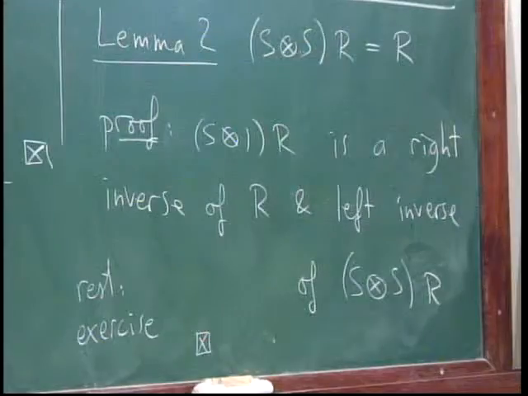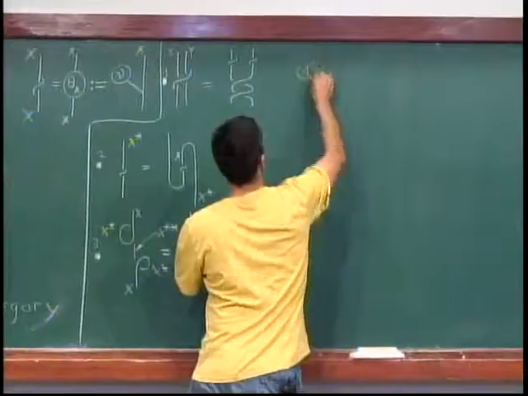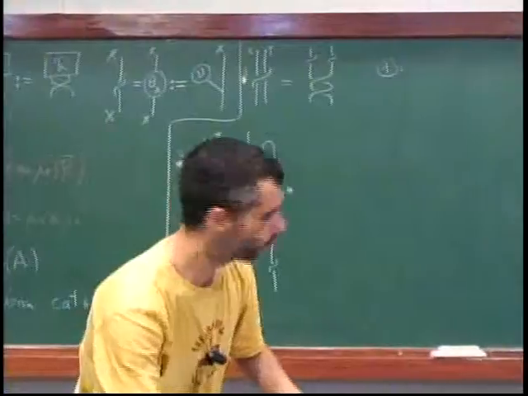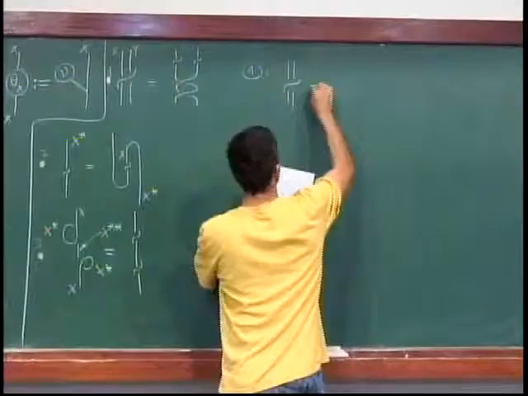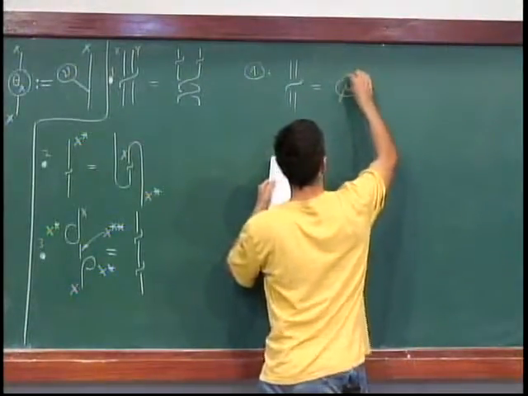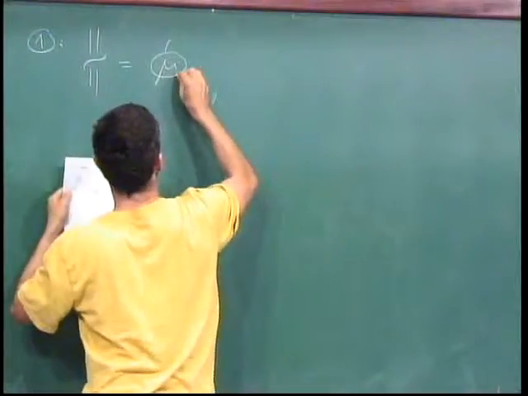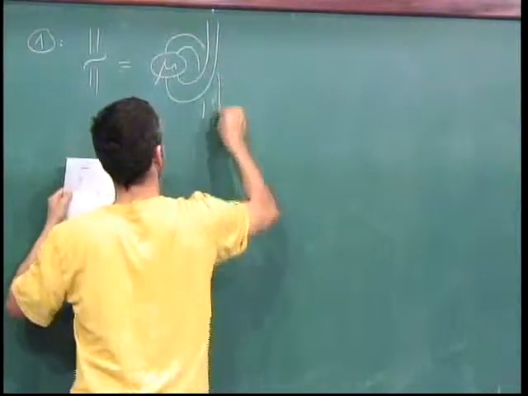So we want to prove 1, 2, and 3. Here's 1. By definition, this is equal to mu, with two strands coming out.